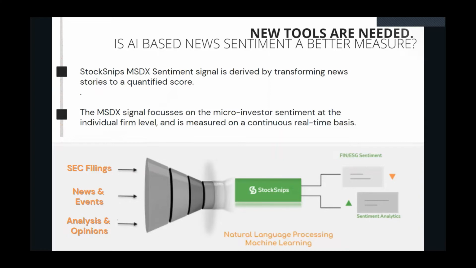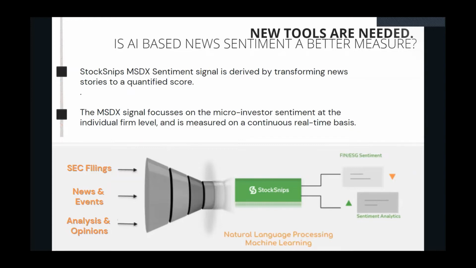This figure illustrates the process of transforming news stories to a quantified sentiment score on a continuous basis. The news stories are from 20 plus sources, including the company's SEC filings and earnings transcripts. We use natural language processing to read and understand the stories and opinions expressed in them about a firm's prospects. News includes company-specific information as well as the impact of macro indicators like inflation, recession, rate hikes, and the Ukraine war.